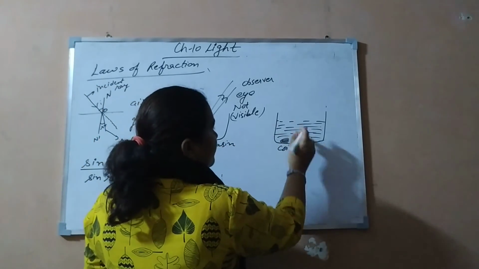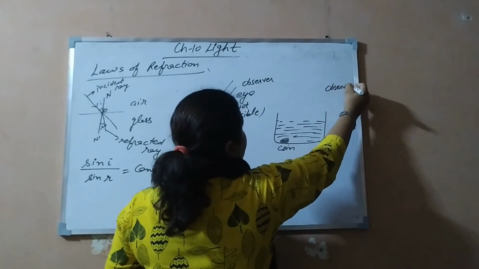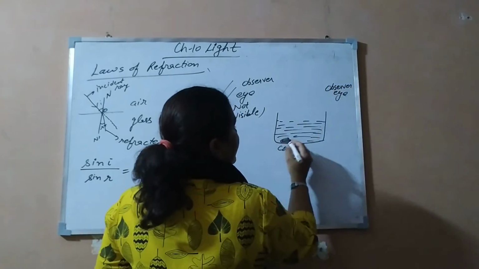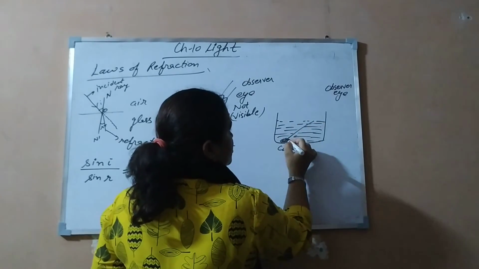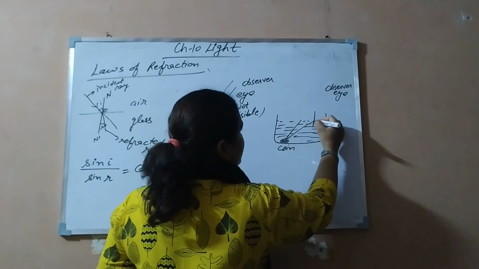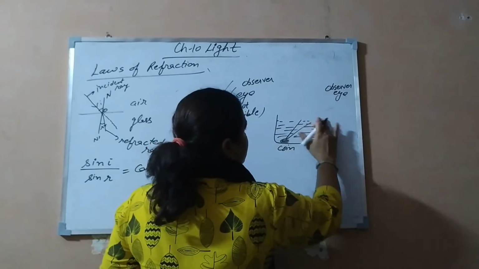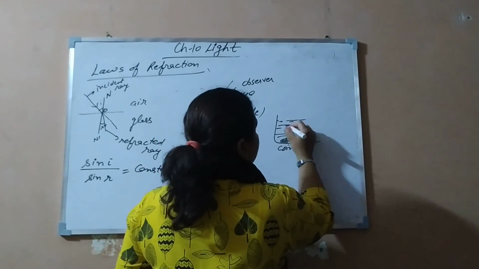But when water is filled, what happens? The observer is here only, he didn't change his position. So what happens when rays go from this position to this position? So let me show you that, so that I can show you the observer correctly.